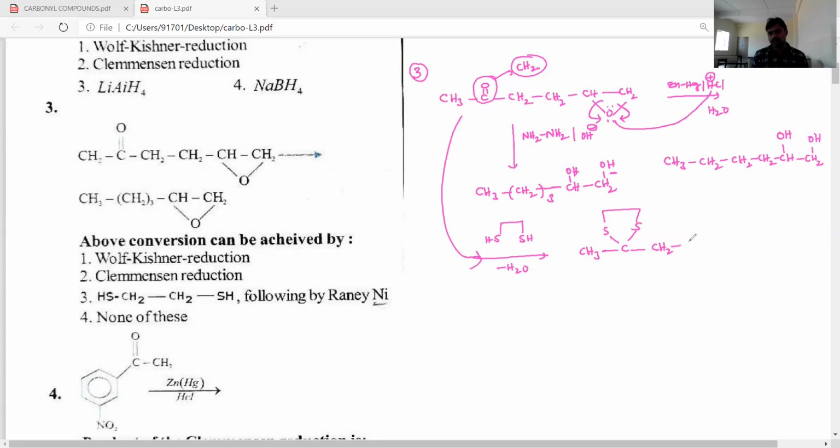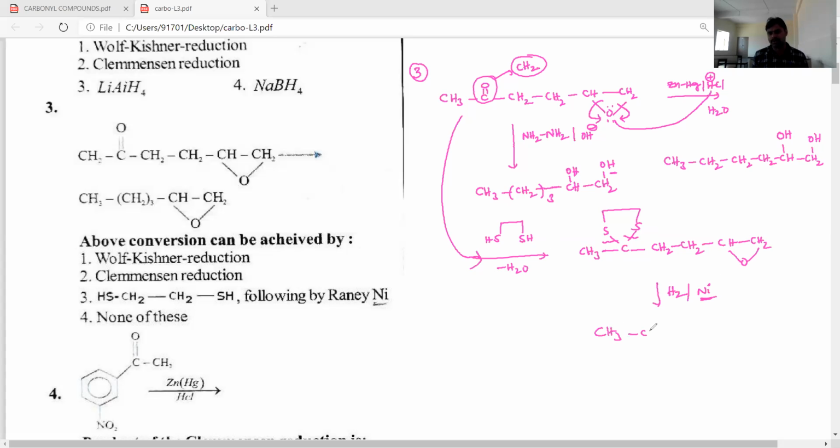Then Raney nickel hydrogenation takes place in the presence of nickel catalyst. Finally, powdered, activated nickel is called Raney nickel. Then this group will be cleaved into a CH3 group.